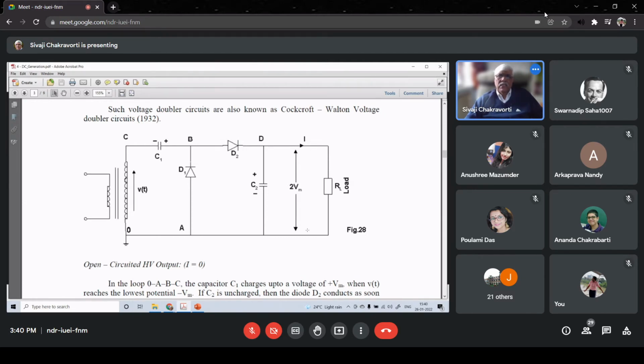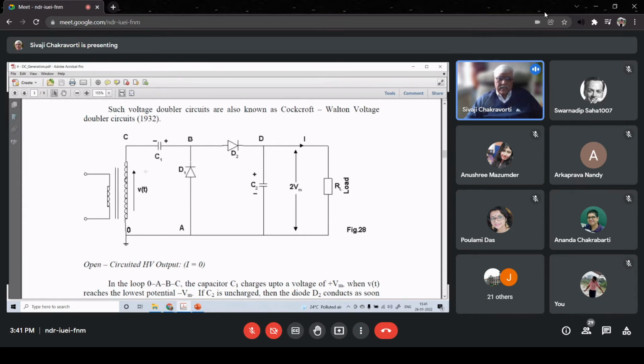Just to say, C1 will not remain exactly Vm, because when these diodes are reverse biased, and this RL is almost comparable to the reverse biased resistance of D1 and D2, C1 also discharges through the reverse biased resistances. So the voltage of C1 doesn't remain plus Vm all the time. It goes down a little bit.